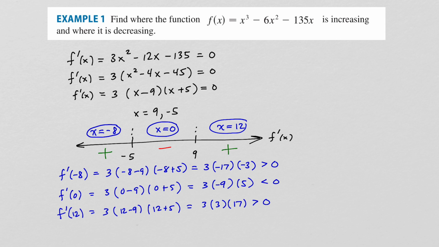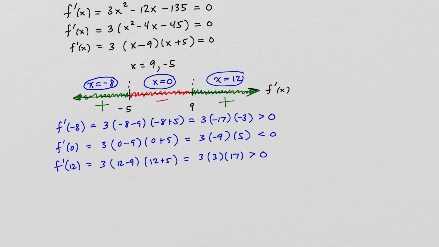And so what this means is that the derivative is positive for all numbers less than negative 5, and it's also positive for all numbers greater than positive 9. And the derivative is negative between these 2 numbers. And now we can directly translate that to where the function f is increasing or decreasing. So f of x is increasing whenever the derivative is positive.